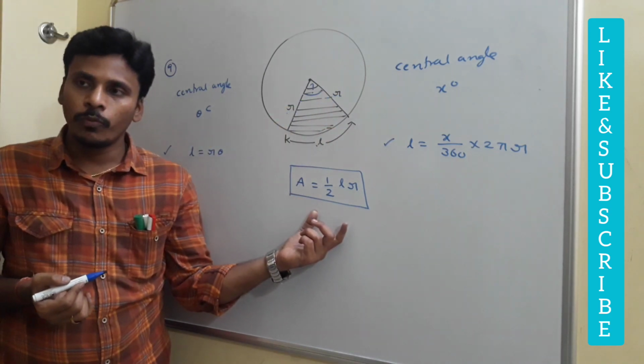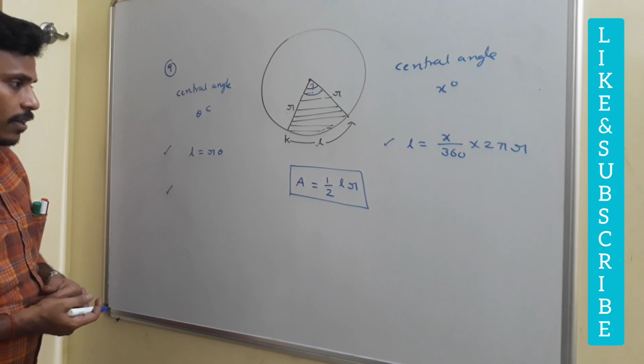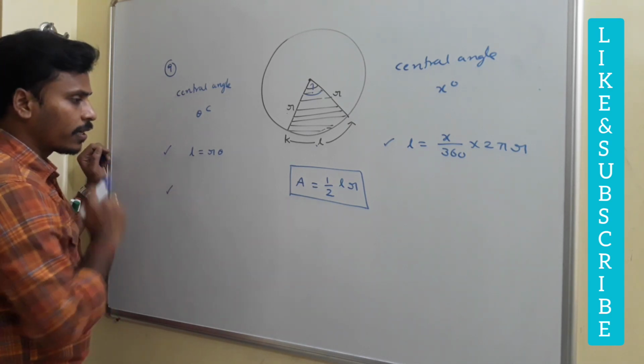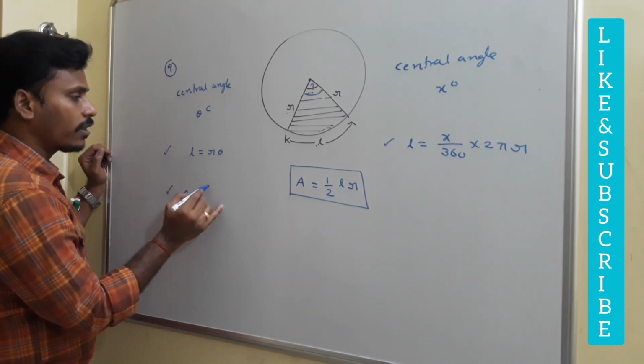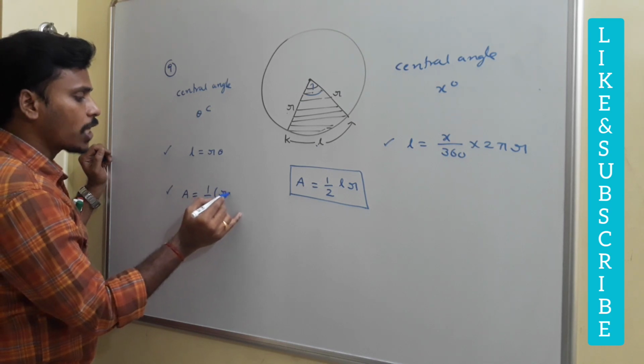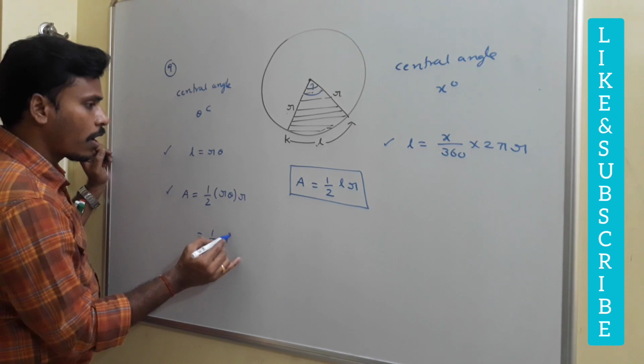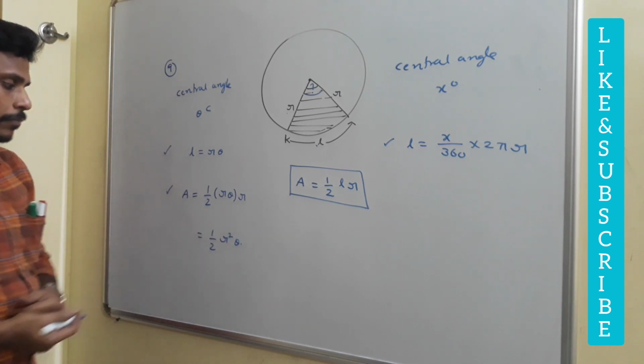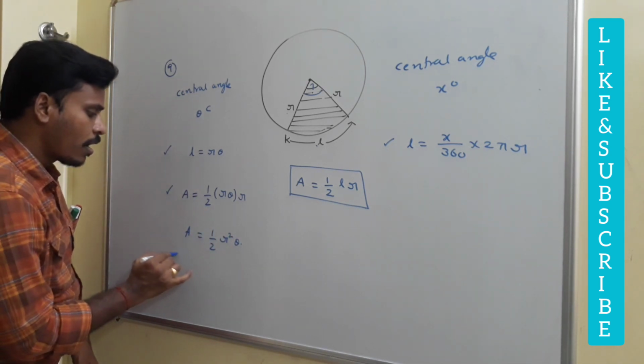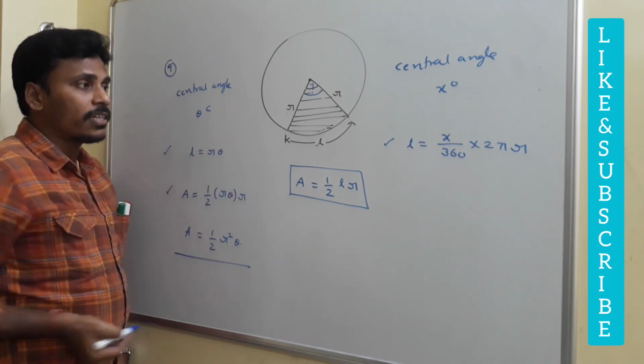This directly gives you the formula to find the area of the sector. With that idea, the area of the sector is half L, where L is r theta, into r, and it is given as half r square theta. This is the area when the central angle is theta radians.